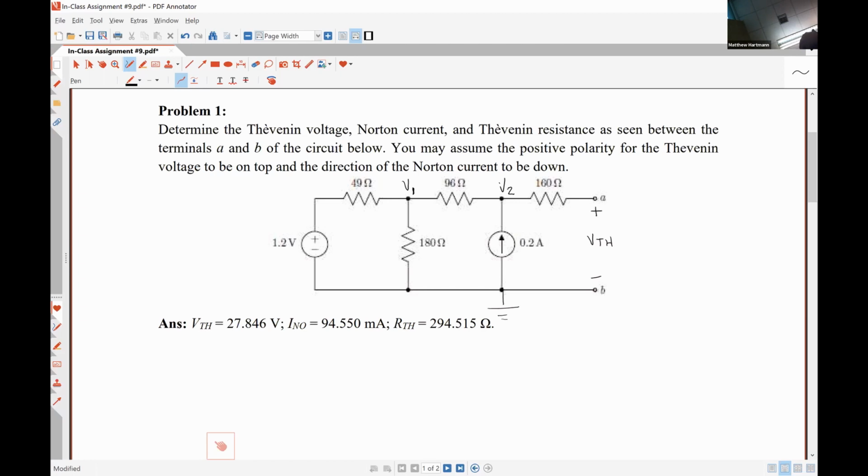So I could also call this node over here on the right-hand side V3. However, I would argue that the nodal voltage V2 and the nodal voltage V3 are representing the same quantity. Can anybody tell me why?